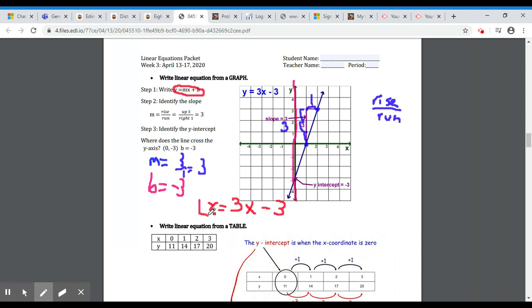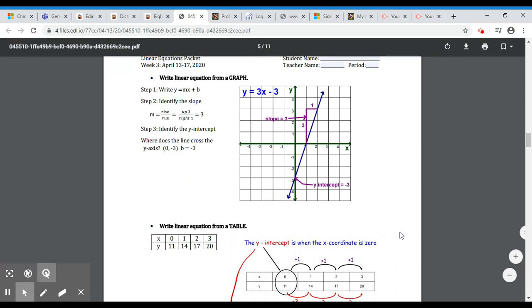And this is how I write my equation from a graph. And again, all these steps are here. If you read, I'm just reiterating what it's telling us.